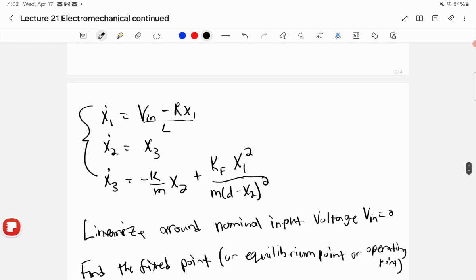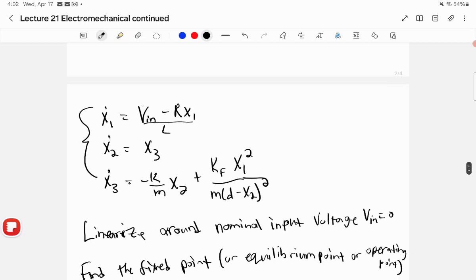And what we need to do then is look at this and find the derivative of each of these with respect to x1 and x2 and x3, right? And that's for each of these: x1 dot, x2 dot, x3 dot. So the first one, there's only an x1 in here.